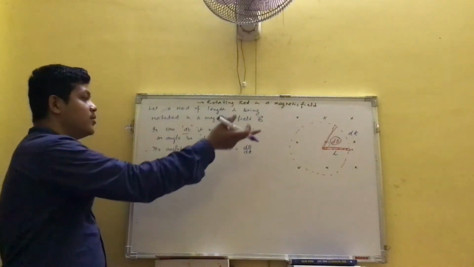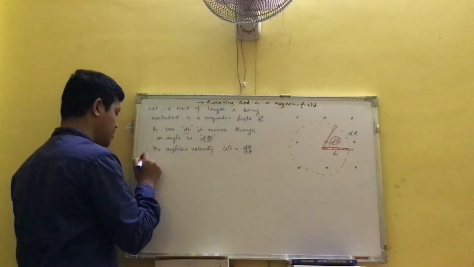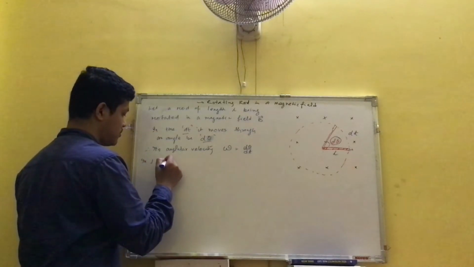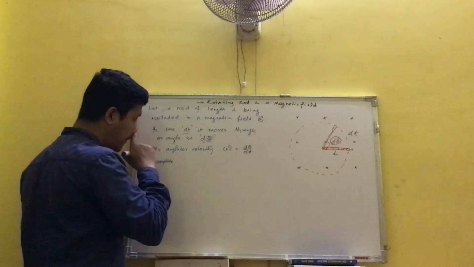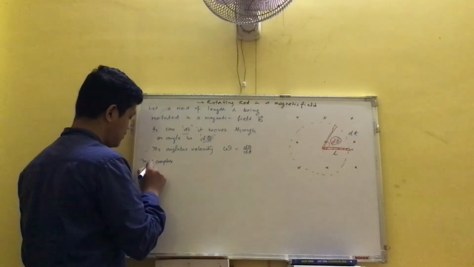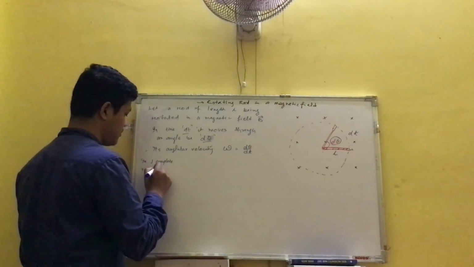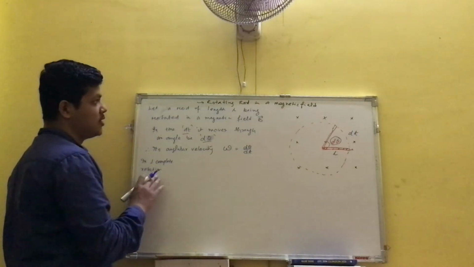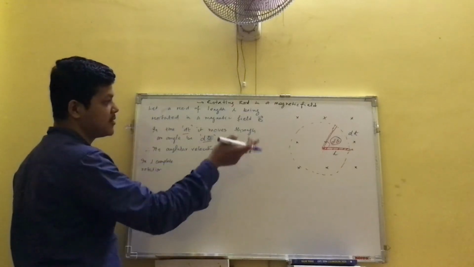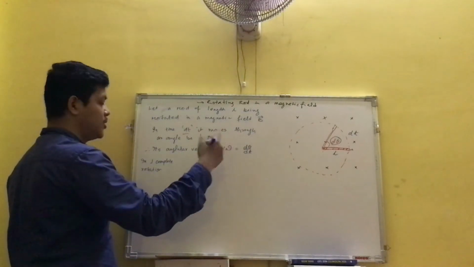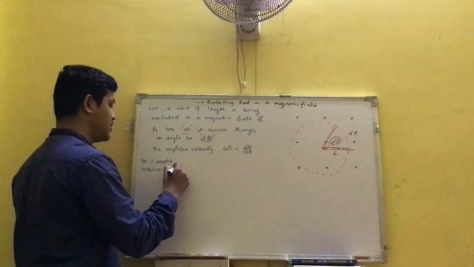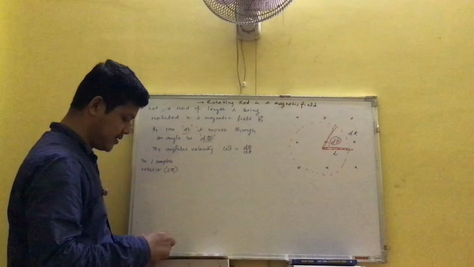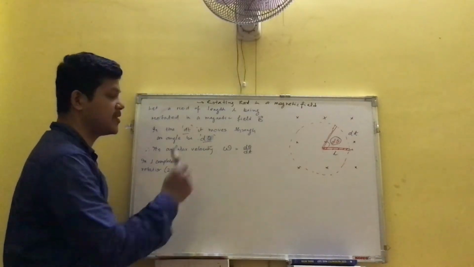So in one complete rotation, the angle subtended by the rod at the center will be 2 pi, right? Because the circumference subtends angle 2 pi at the center of a circle.